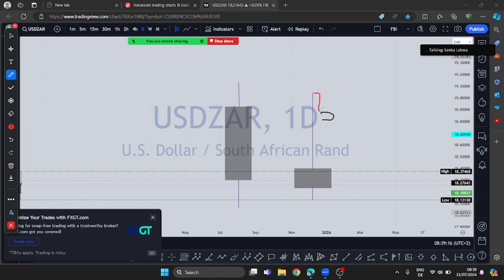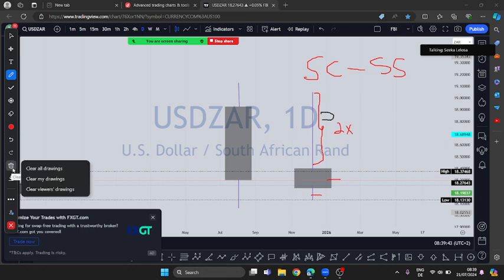Here the length of the selling force is 2 times longer than the length of the pressure of the body and the length of the buying force, and this is called a supply candle, and this candle is used for sell setups. Okay, so this is just the basics of candlesticks.